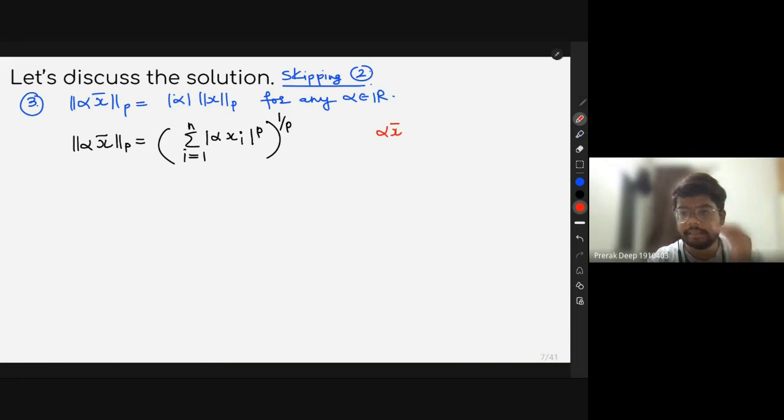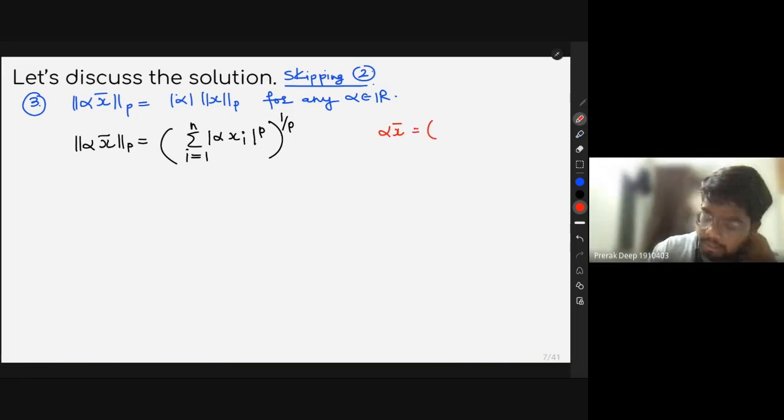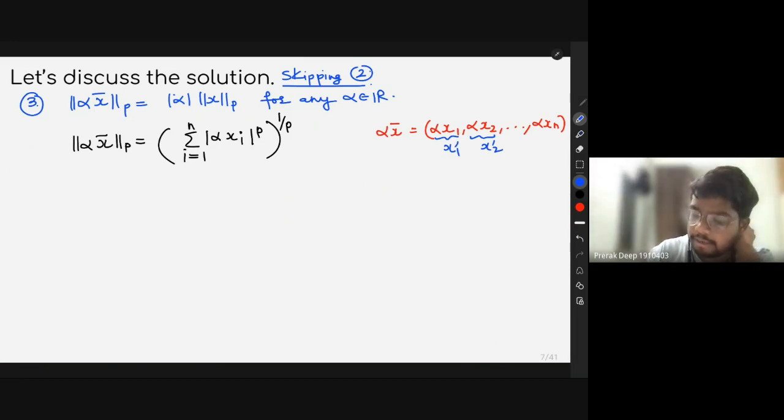Whenever I multiply a scalar to a vector, it gets multiplied to each of its components, each of its coordinates. So the new coordinates will be alpha times x1, alpha times x2, up to alpha times xn.